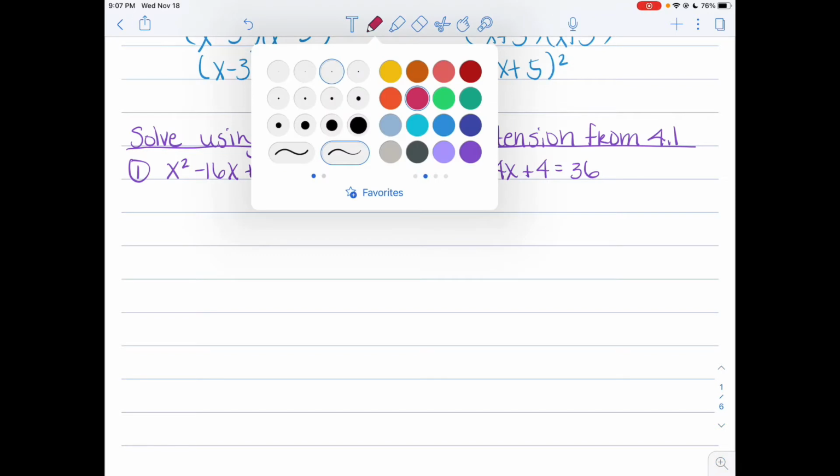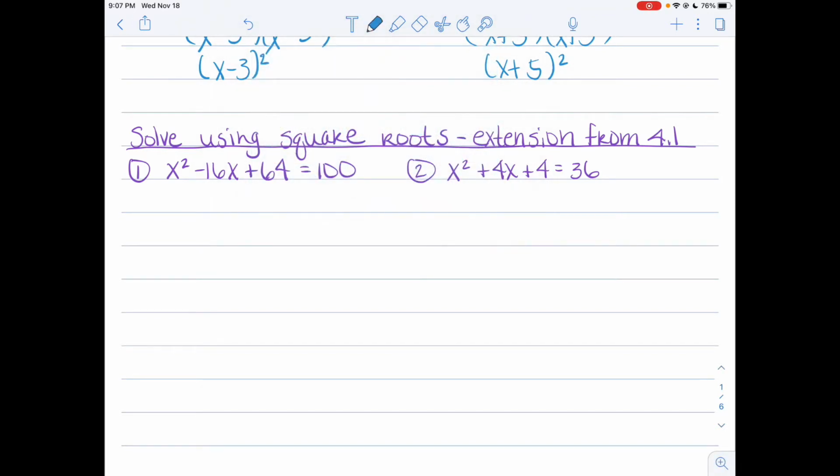Using the technique that we just learned, what we can do is go ahead and factor this side. So I'm going to factor the left-hand side. And when I do that, I'm going to get an x, and then two things that multiply to 64, add to negative 16, that's a negative 8 and a negative 8.